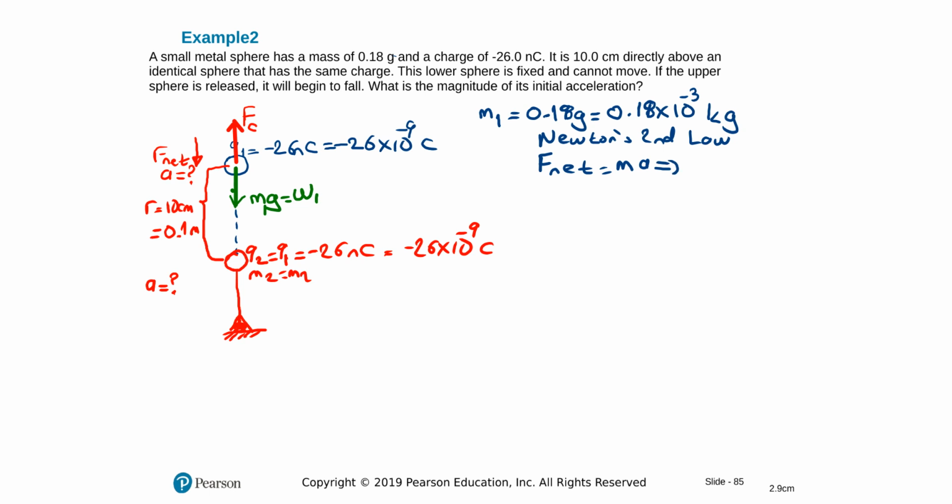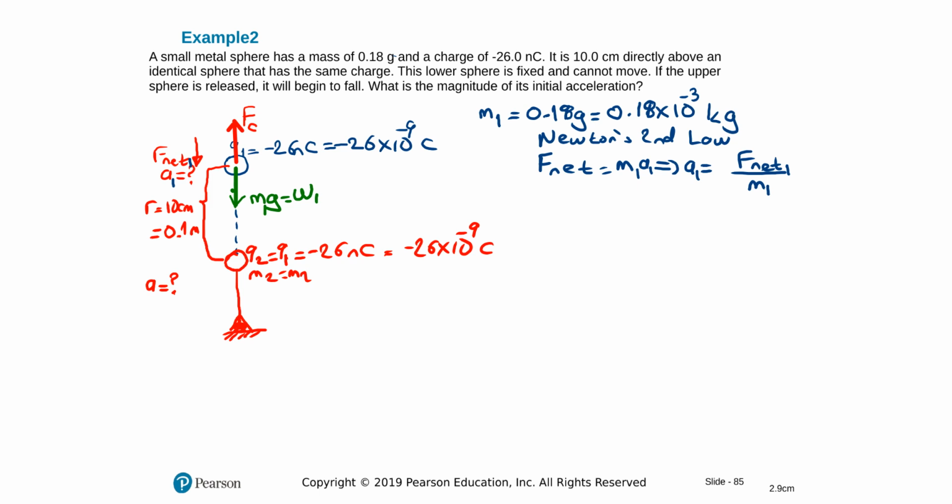So I can write Newton's second law as A is equal to F net divided by m. It would be m total if I have more than one mass tied to each other moving together, but I only have one mass here. To specify it, let's call this A1 on mass 1, so we know which mass we are interested in. We can go ahead and call this F net 1, the net force on charge 1.